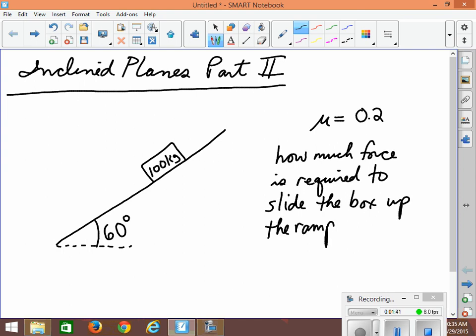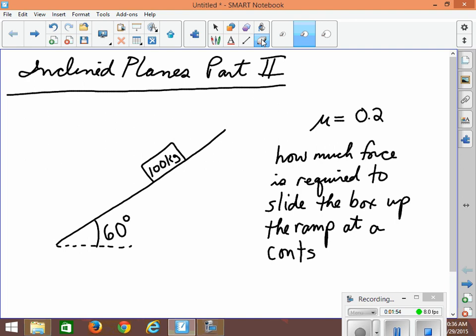Because that's how we usually pull things. We don't usually push and pull things around, making them accelerate. Often we slide things around. Constant speed.